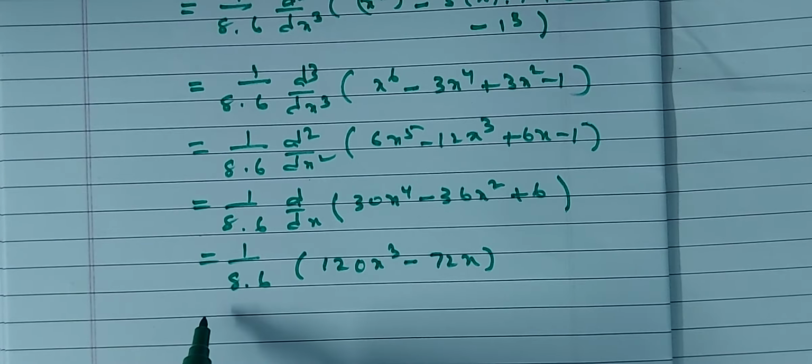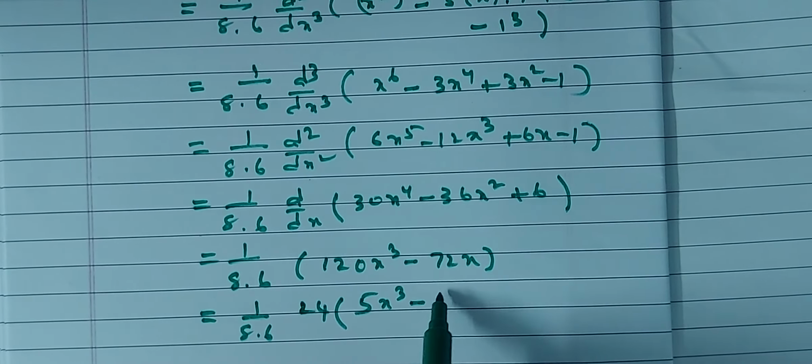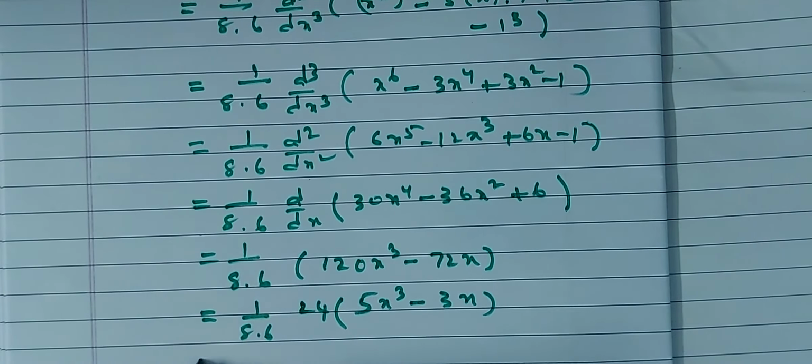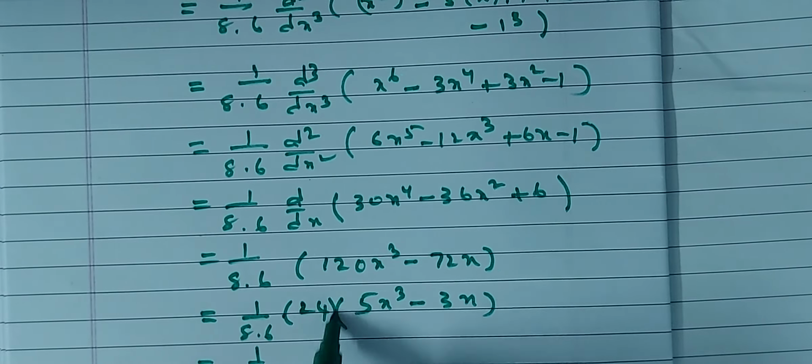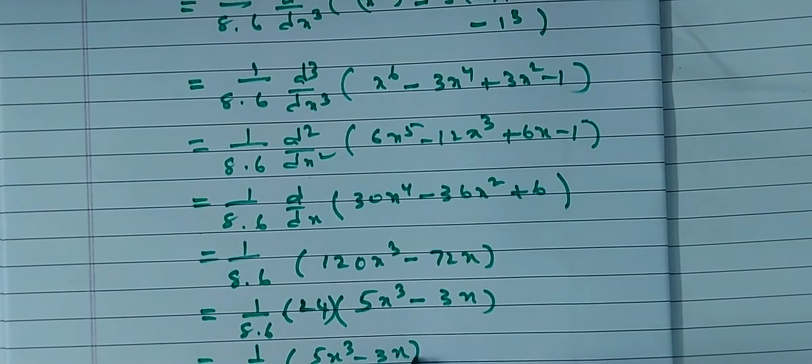Taking 24 common, this is 1 by 8 into 6 into 24 into 5x cube minus 3x, which is 1 by 2 into 5x cube minus 3x.